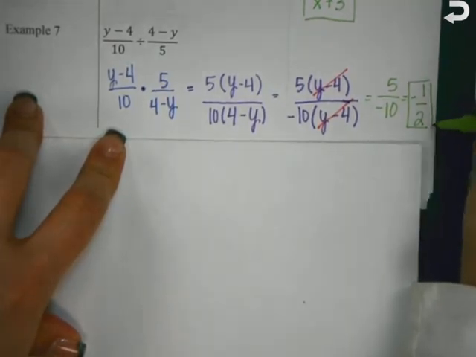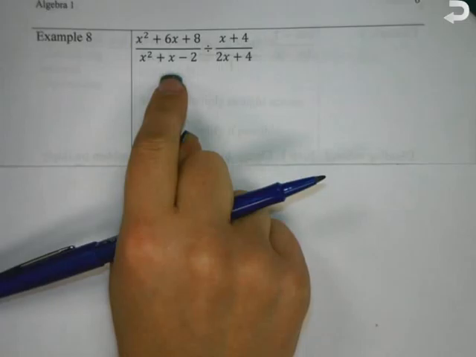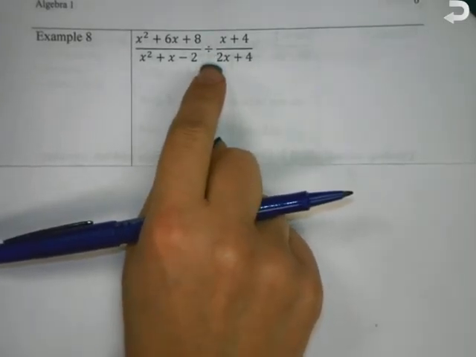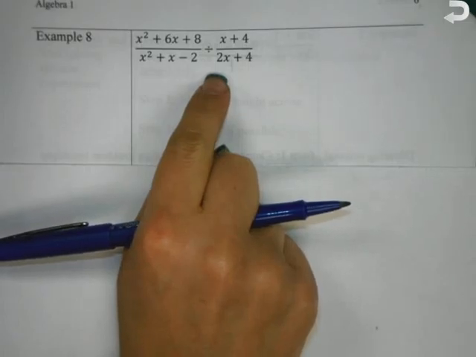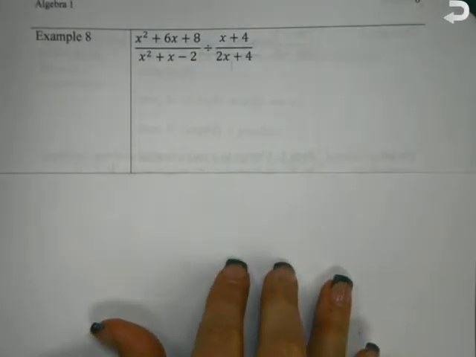Example 8. Okay. X squared plus 6x plus 8 all over x squared plus x minus 2 divided by x plus 4 over 2x plus 4. What's my first step to a division problem? KCF.